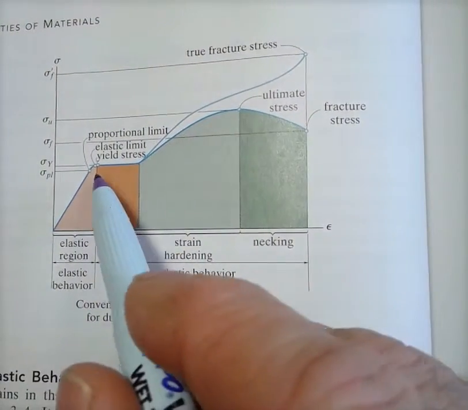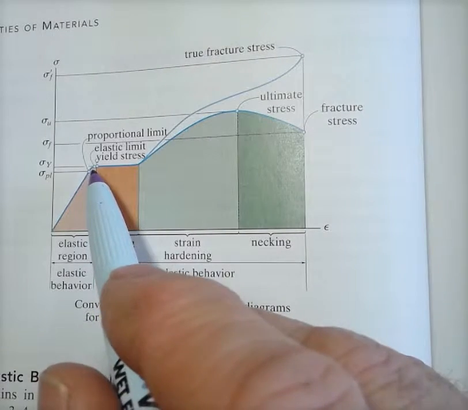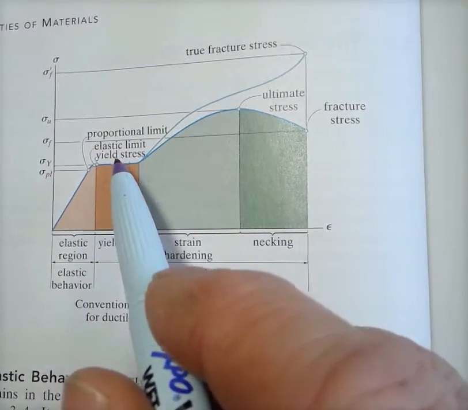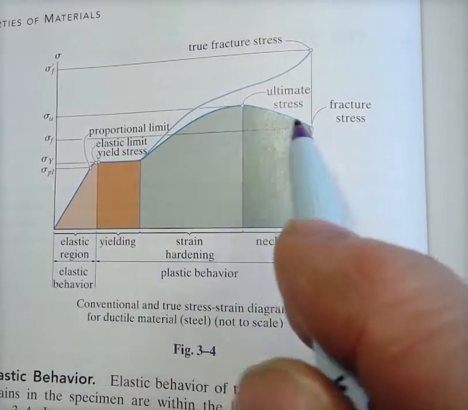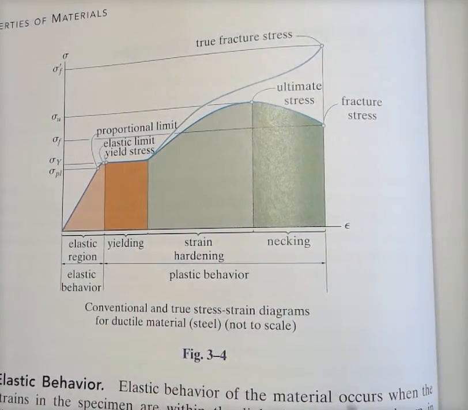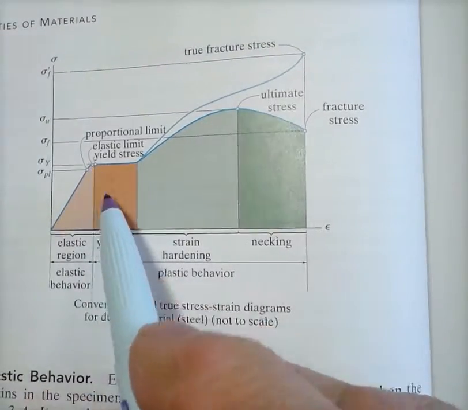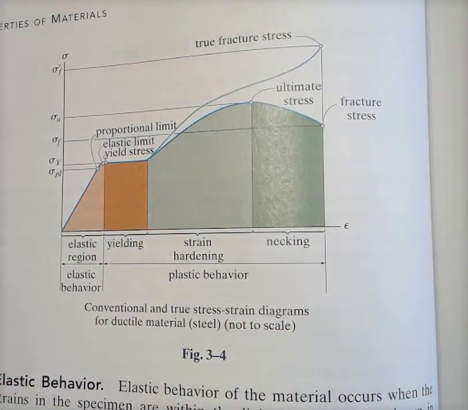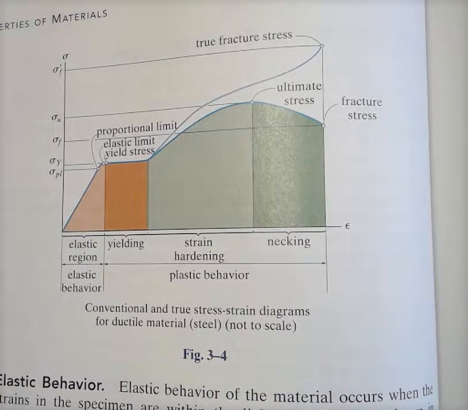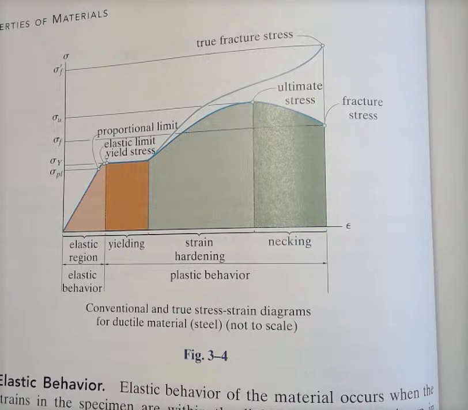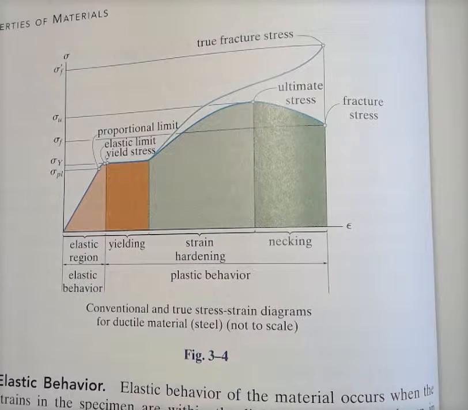It's beyond that, and you'll see these different limits, the proportional limit, the elastic limit, the yield stress, the ultimate stress, the fracture stress. Beyond this point, when you leave the elastic region, the material, due to the force that has been applied, has been permanently changed in shape.